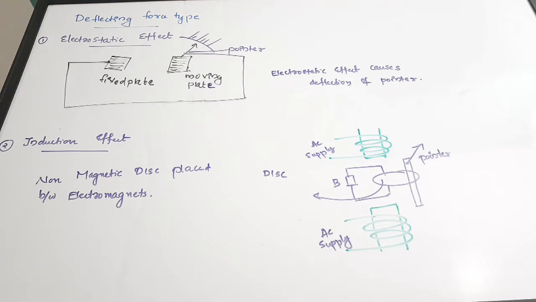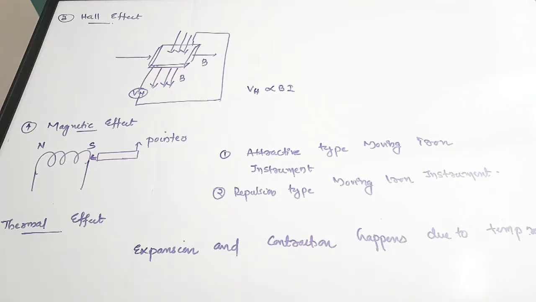Okay, next we are going to see the third one. The next type of deflecting indicating instruments are using Hall effect. These instruments make use of Hall effect for making the pointer to move. So that type of deflecting instruments are of this category.